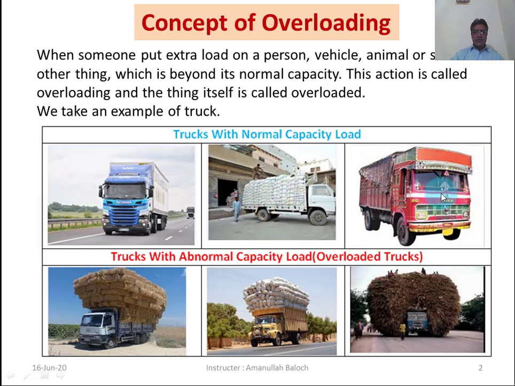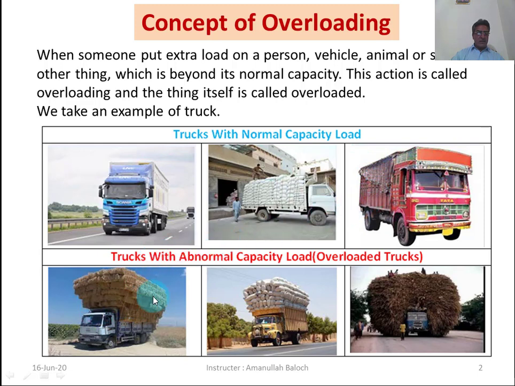This truck is also with its normal capacity load because all the luggage, all the items, all the material which it contains is within its body and we are not seeing anything outside its body.